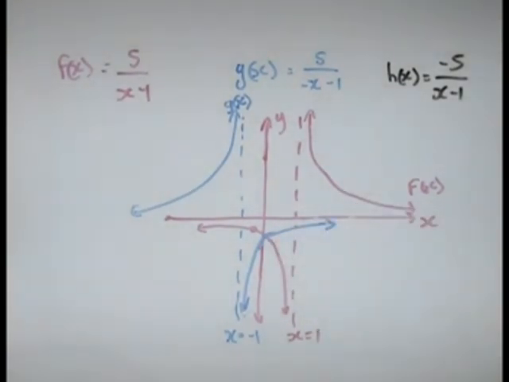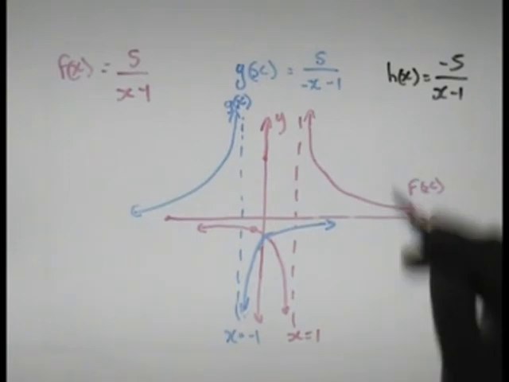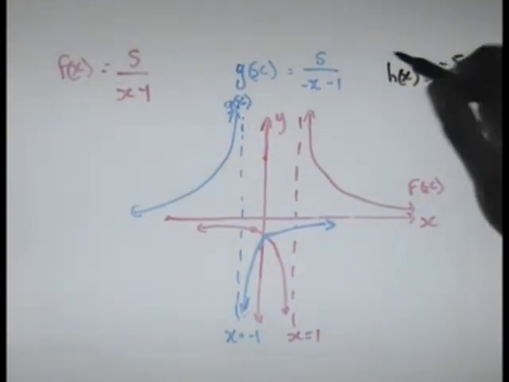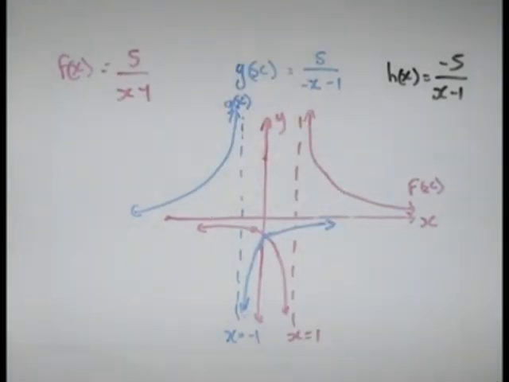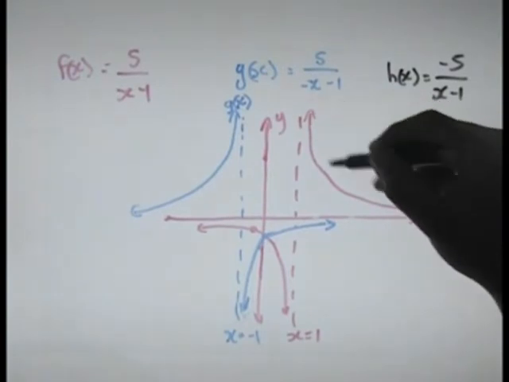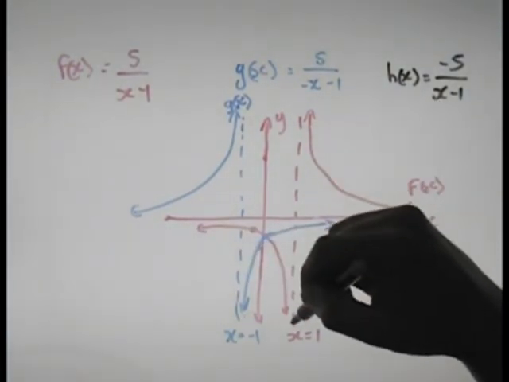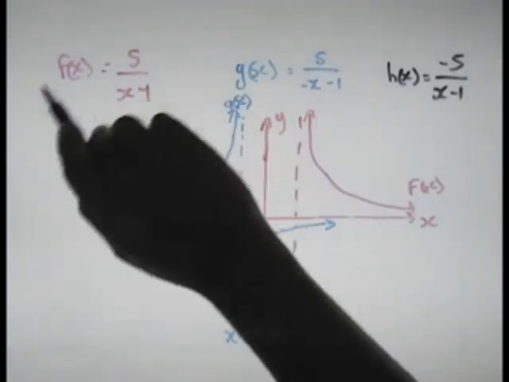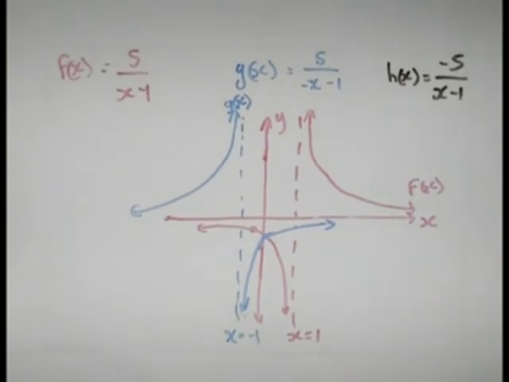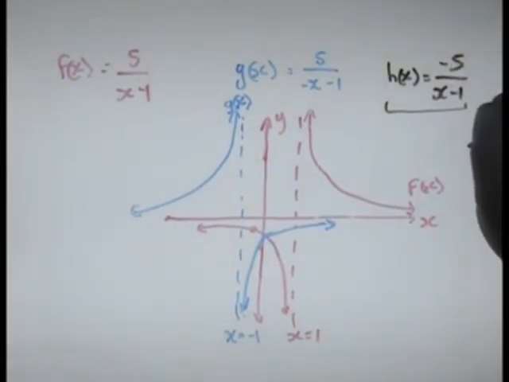The next graph we're looking at is h of x. Notice that h of x has the negative sign by the 5, which is almost as if we've made our y value negative. So we've taken our normal f of x graph. Remember, we're flipping the f of x graph. The g of x is one of the flips or transformations of the f of x graph, but when we work with the h of x graph now, we're still looking at that original graph, and we're flipping it about the x-axis because the y value has changed.